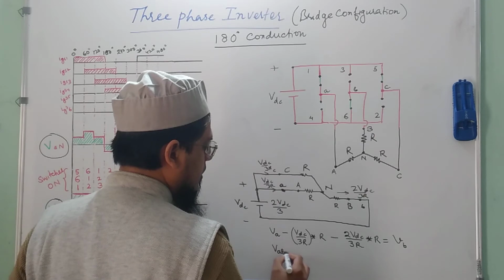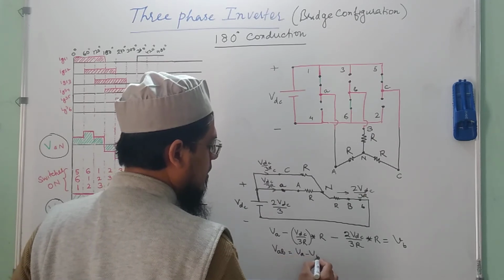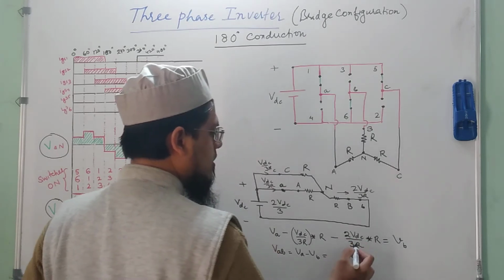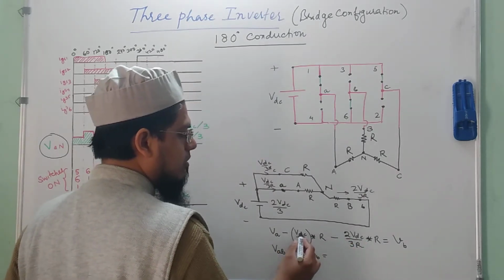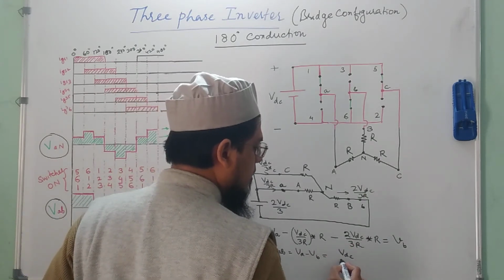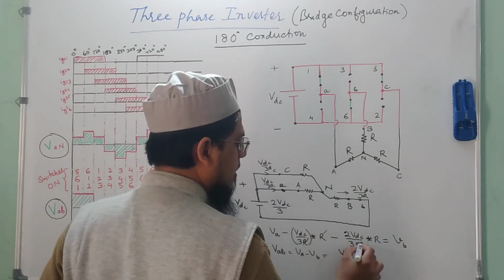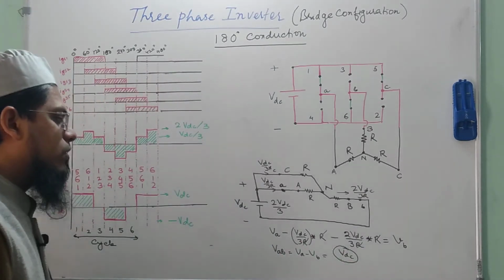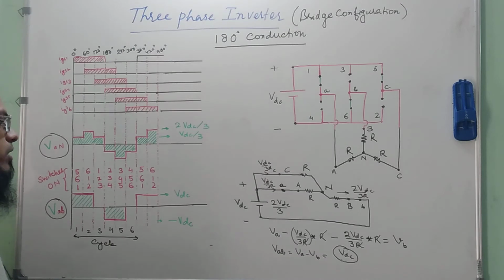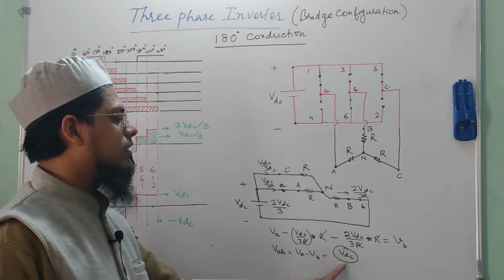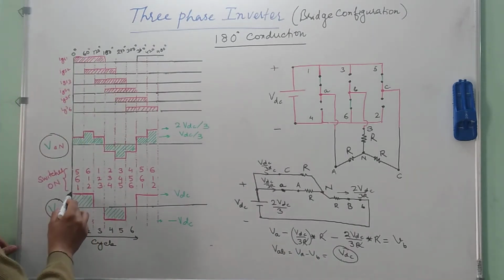So VAB, which is equal to VA minus VB, is equal to, if you add these two, 2 VDC by 3 and VDC by 3. So finally, it becomes VDC, and R gets cancelled. Okay. So the line voltage between A and B is given by VDC. That is what I have mentioned here. Okay. So it is VDC.